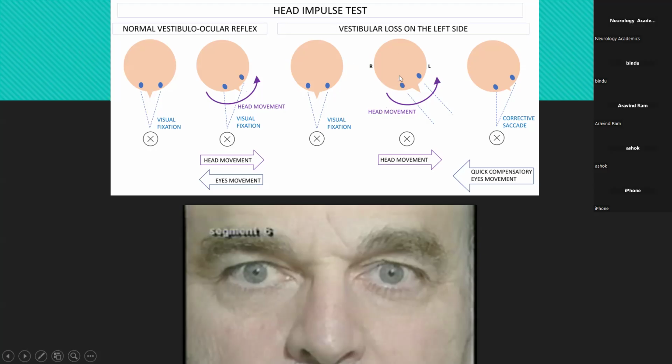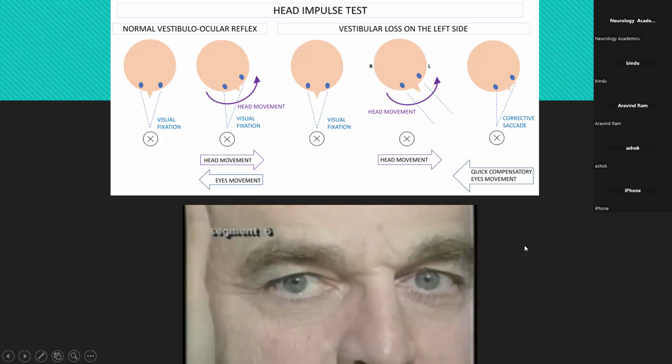However, in case of vestibular loss on the left side, the patient is able to fixate in primary position, but when the head is moved towards the left, the patient is unable to view the target because of loss of VOR. There is a corrective saccade to compensate, towards the right side. So the compensatory saccade is towards the right side.